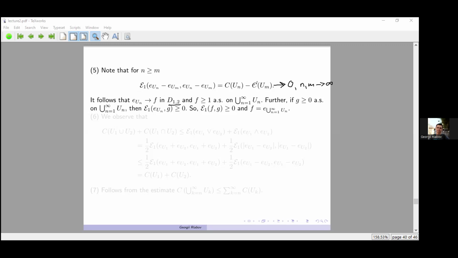And actually, this limit, on each set UN, functions EUN are equal to 1 for large enough indices, which means that I could write here that the limit f is also equal to 1 almost surely on the union of these sets.